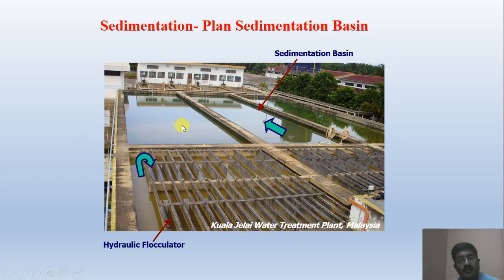Sedimentation. Now you can observe these sedimentation tanks. The water is stored here and detained for some time, and after sedimentation the supernatant water is sent to the next unit, and the settled particles are removed.